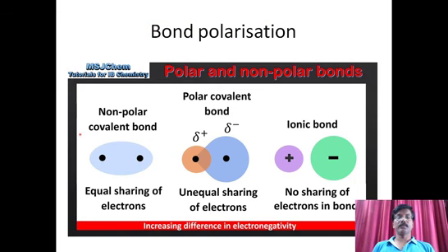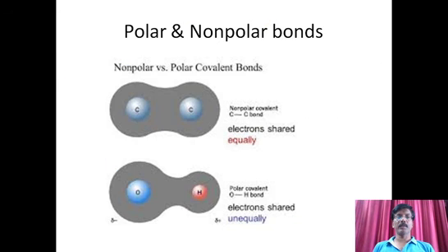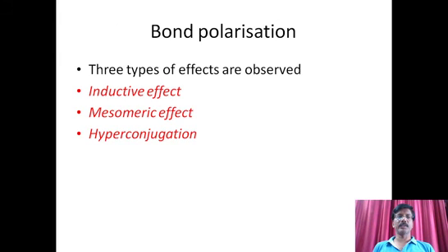Now, let us go back to our topic. Already we have seen this bond polarization, and due to bond polarization we are now getting into the main part of our lesson. That is, what are the impacts of bond polarization and what different effects we can expect through it.